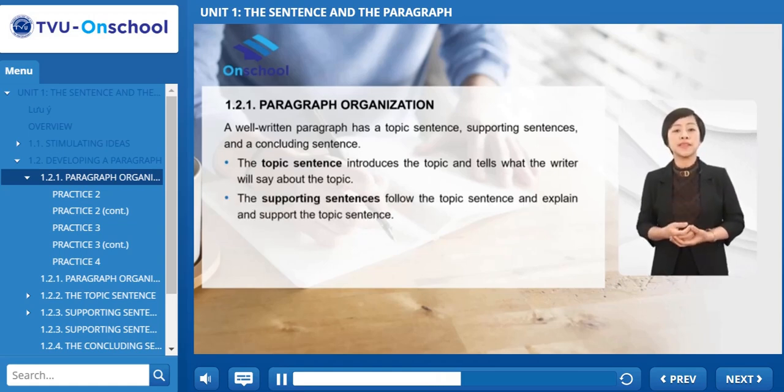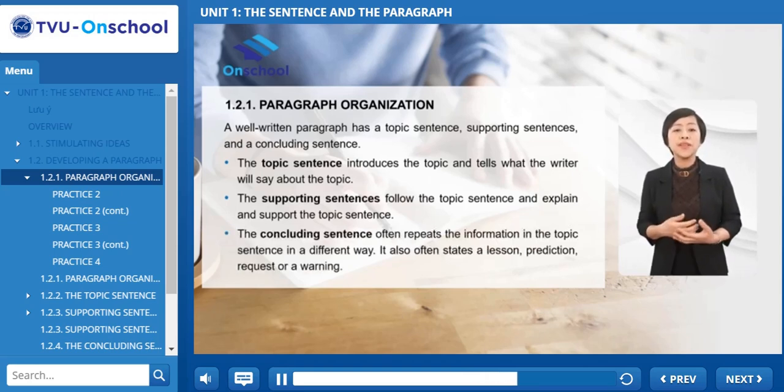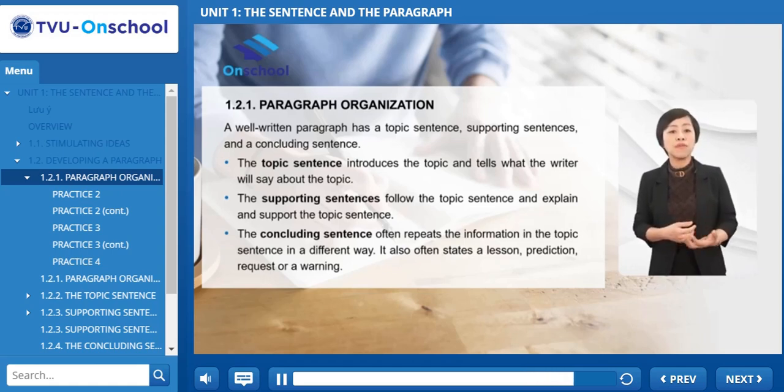The supporting sentences follow the topic sentence and explain and support the topic sentence. The concluding sentence often repeats the information in the topic sentence in a different way. It also often states a lesson, prediction, request, or warning.